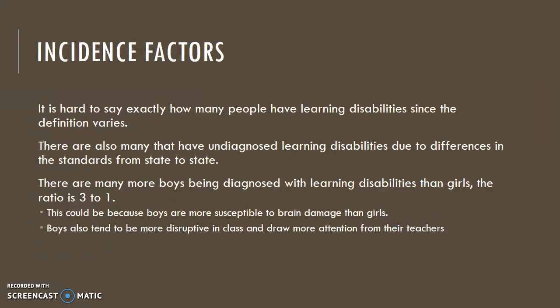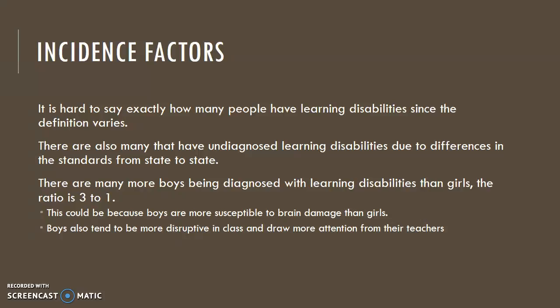There are also incidence factors. It is hard to say exactly how many people have learning disabilities since the definition varies. Our definition in Michigan can be different from the definition in Canada. There are many people with undiagnosed learning disabilities due to differences in standards from even state to state.